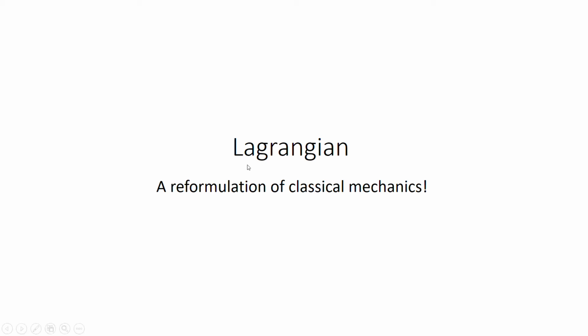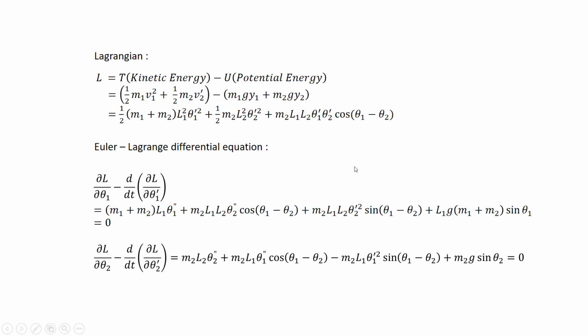Today we just use the Lagrangian as a tool. In this field, the Lagrangian is defined as kinetic energy minus potential energy. Then we can get the Lagrangian. Then we use the Euler-Lagrange differential equation.